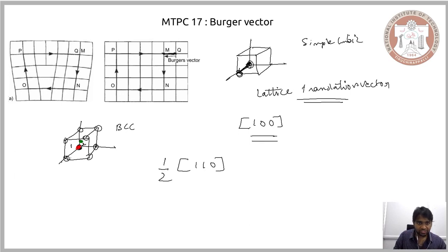In this direction there are 3 atoms that could be identified, and the body centered atom is present in between the 2 atoms along this direction, and therefore the Burgers vector is represented by 1 by 2, 1, 1, 0. So the 1 by 2 talks about the magnitude of the Burgers vector along this direction, this term here talks about the direction, and the prefactor here talks about the magnitude.